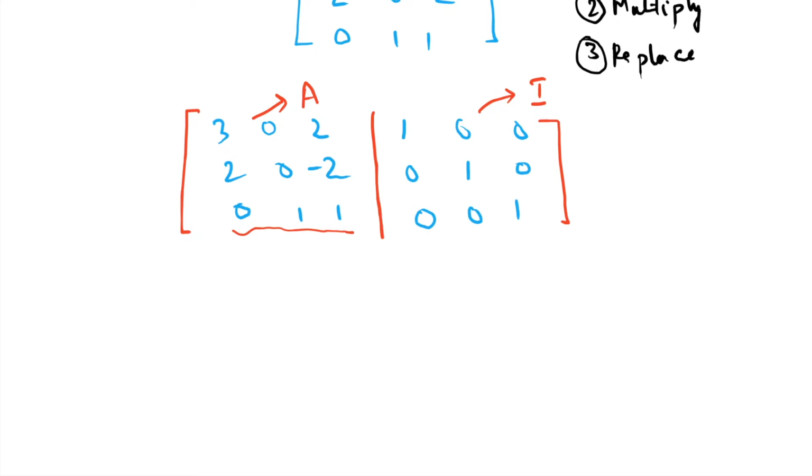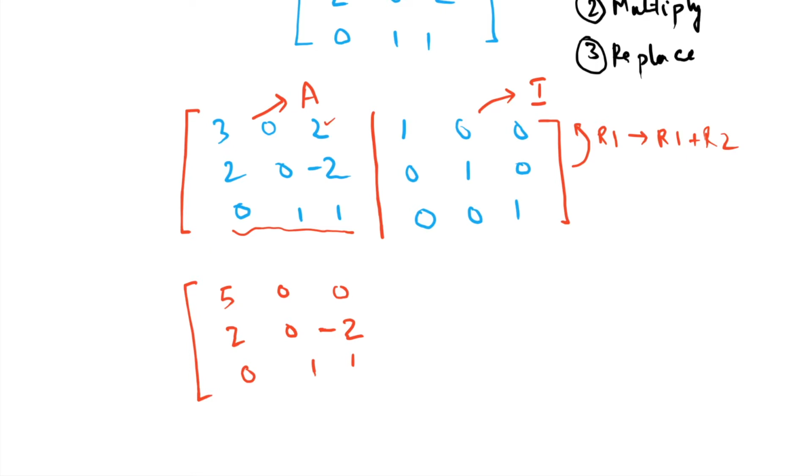To begin with, I see that there is a 2 here. I need to get rid of the 2. So what I'll do is add row 2 to row 1. I'll replace row 1 with row 1 plus row 2. And this will give me [5, 0, 0], then [2, 0, -2], and then [0, 1, 1].